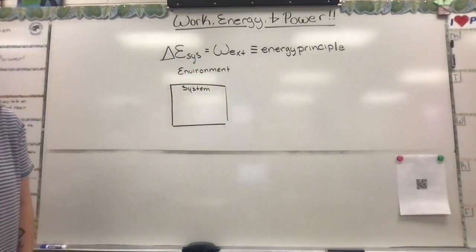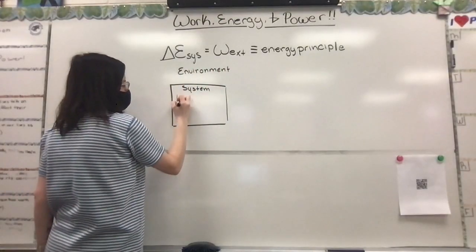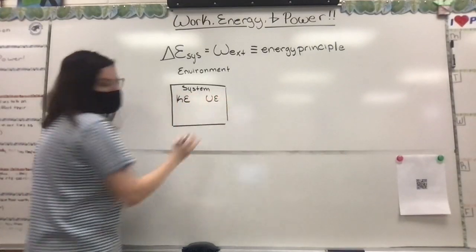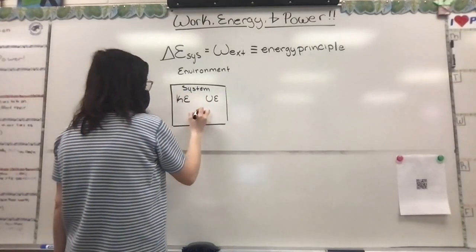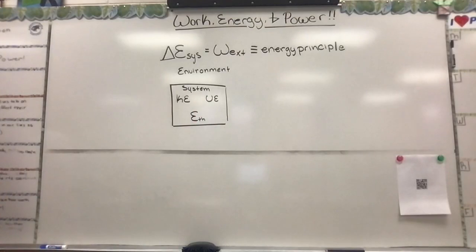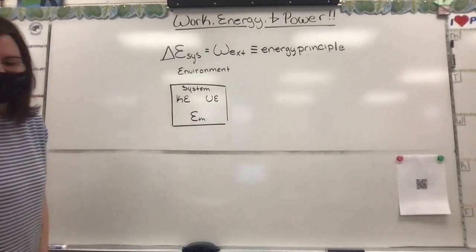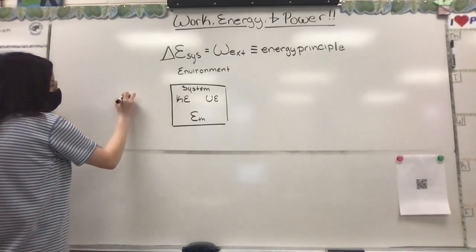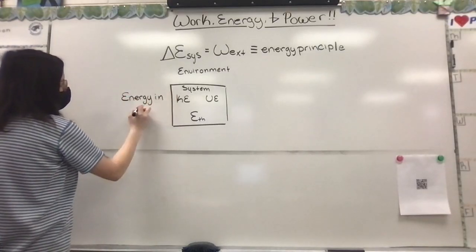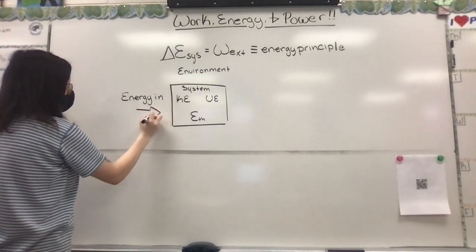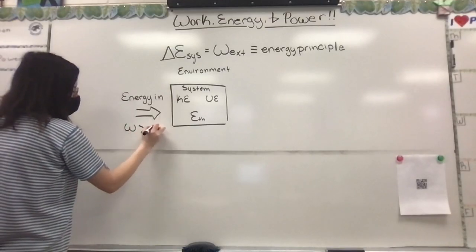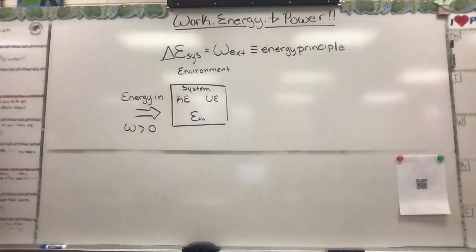Within the system, we have kinetic energy, potential energy, and we're also going to have thermal energy. Sometimes we'll have energy coming in, which means that the work being done is greater than 0.